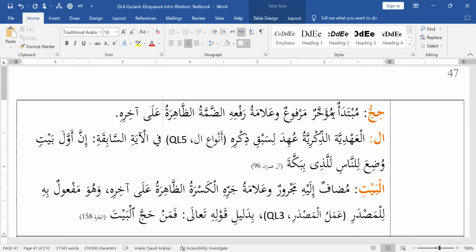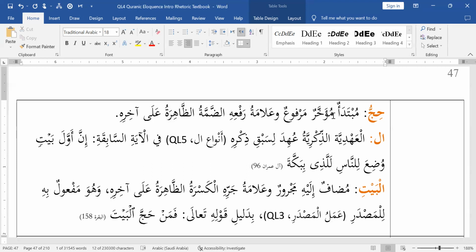So the standard i'rab that you'll find in any, even introductory level, Arabic grammar book is mubtada'un mu'akhkharun marfu'un wa alamatu raf'ihi ad-dhammah al-zahira ala akhirihi. You can see ad-dhammah here, explicitly mentioned, clearly pronounced. Hijju. The dhamma is a sign that this word is marfu', and it's dhamma zahira, not dhamma muqaddara.